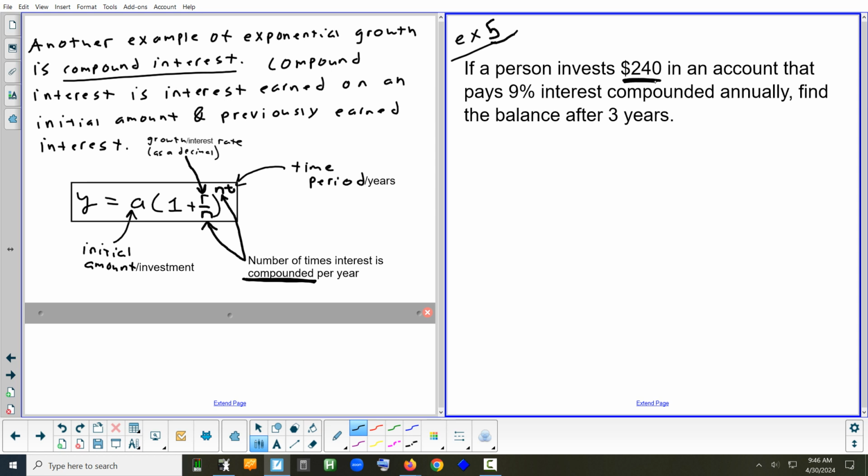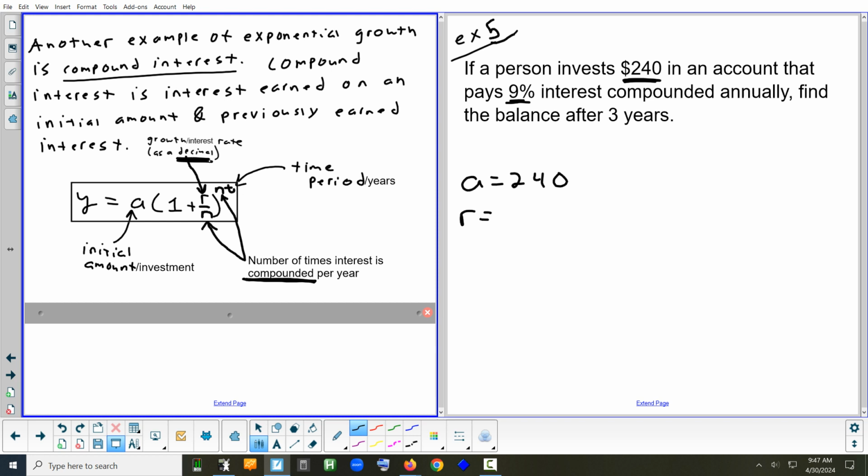A. That's how much money you're putting in the account. Okay, so we have the A. Is there anything else there that's important? 9%. What letter do you think that's going to be? R. That's your R. But remember, you can't write it as 9%.